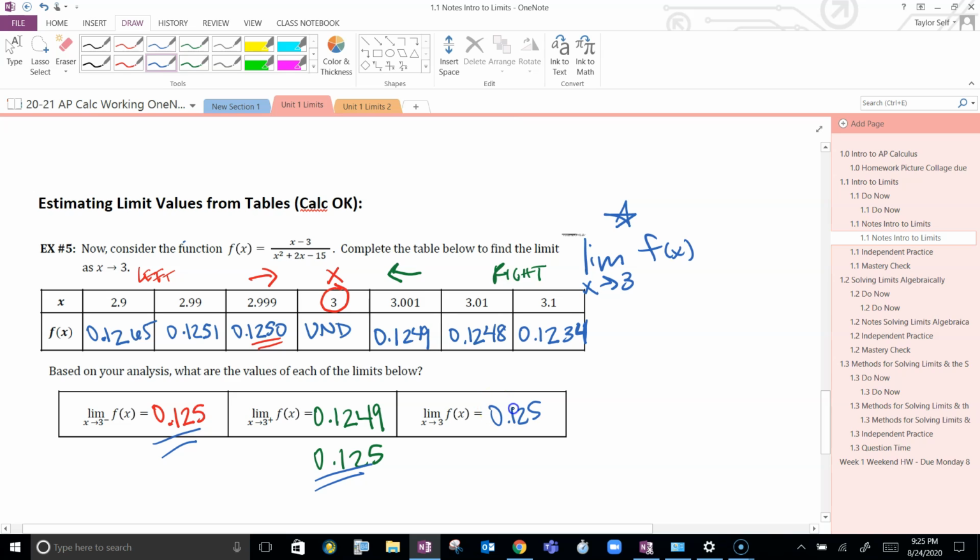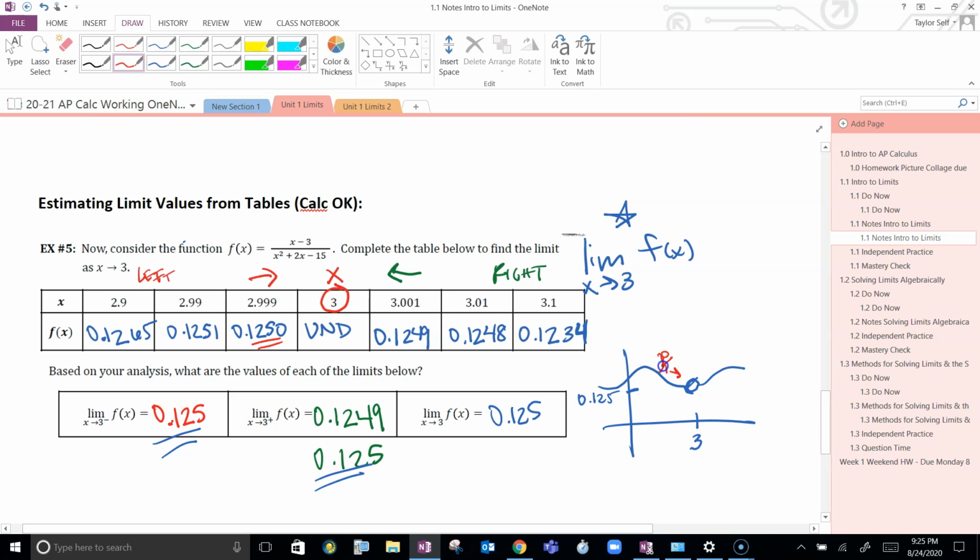And what this looks like in this graph is something like a hole. There was a hole at x equals 3. Maybe you had a graph like this and it's all curvy, and at x equals 3 there's a hole. Say this is the y value, 0.125. We put ourselves on the line from the left and walked towards x equals 3.